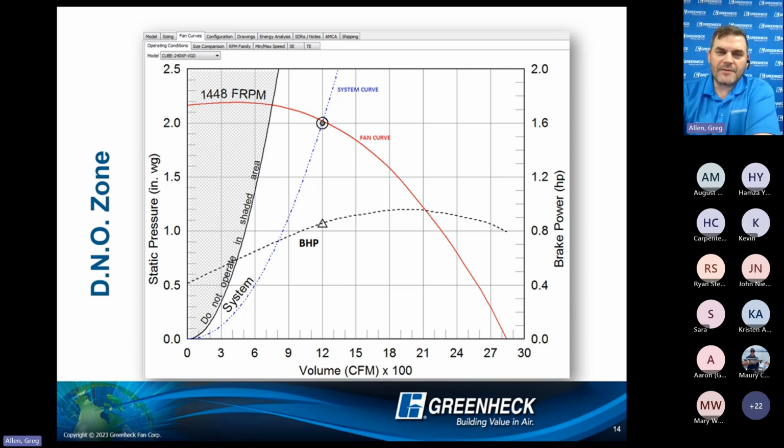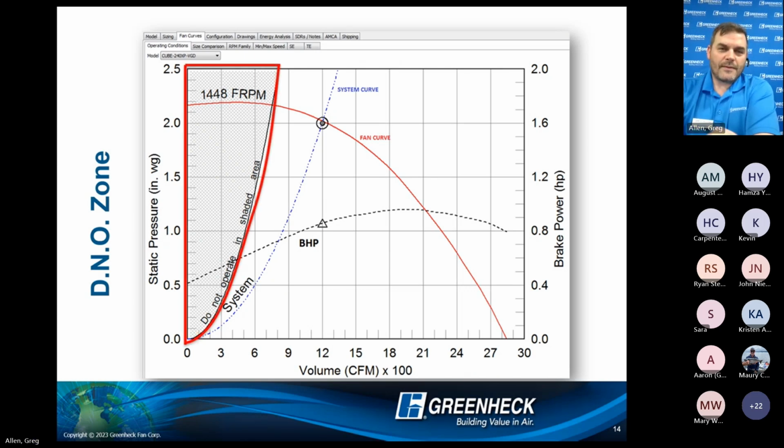Now, there is a little bit more information on the screen that we want to point out, and that's that shaded area. This is the do not operate zone, the surge zone. This is an area that a fan can operate in, but it's not recommended. Most manufacturers will give you this area that says, do not pick a fan operating in this area.